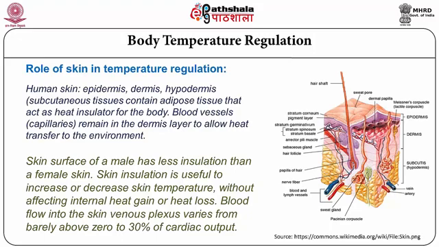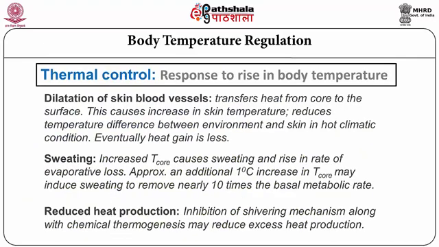The extent of skin insulation is useful to increase or decrease the skin temperature without affecting the internal heat gain or loss. Blood can flow into the skin to a great extent to cause changes in temperature behavior. There are certain basic approaches by which this entire control can take place.